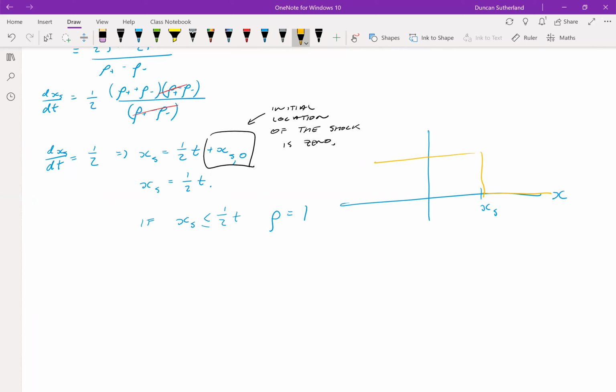To the left of the jump, rho is 1. To the right of the jump, rho is 0, which I've already drawn in. So that's the solution to your problem. And this shock wave propagates with speed a half, right?